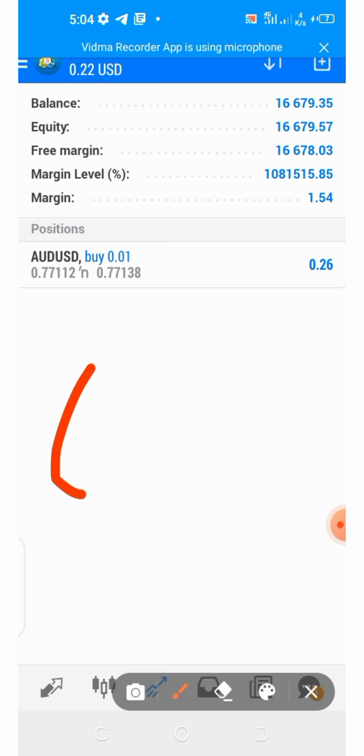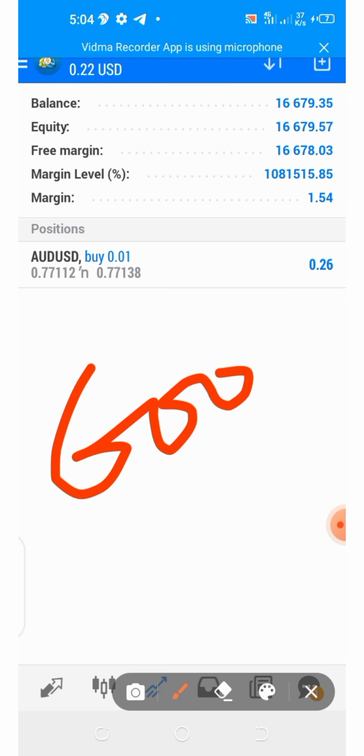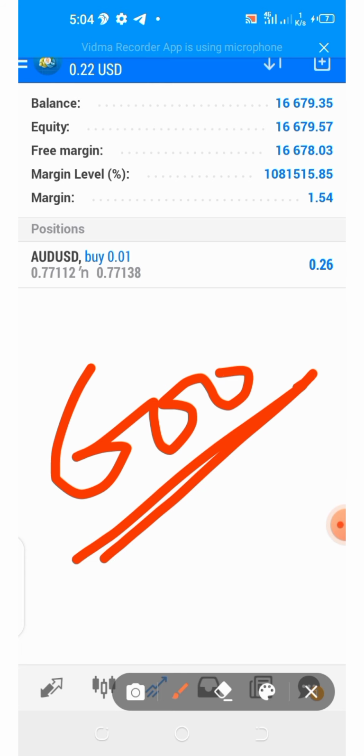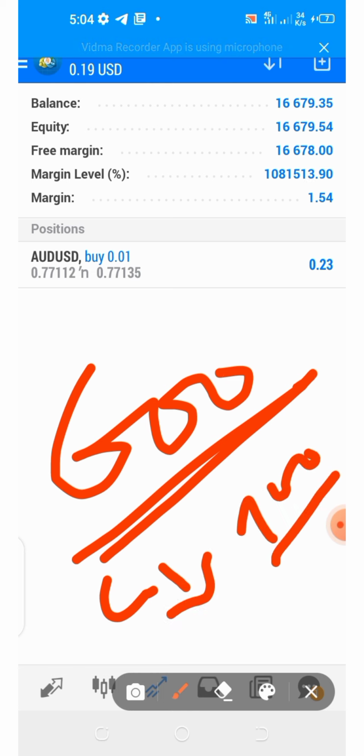Margin level percentage of 600, that is the ideal. I leave it at 600 because you may have an opportunity to counter trade, and if the margin level percentage is maybe 100, you will not be able to counter trade.